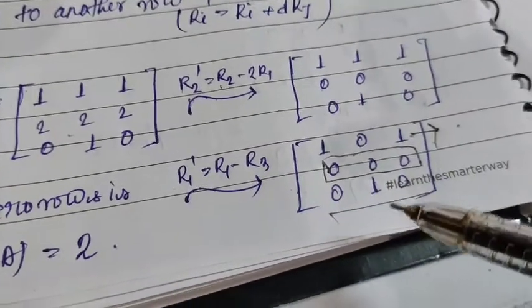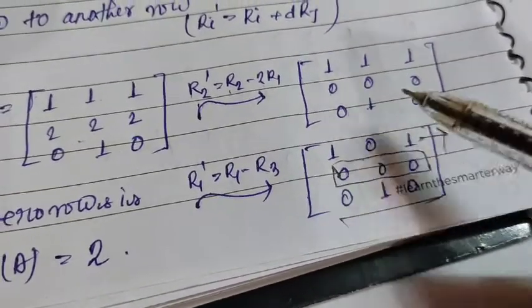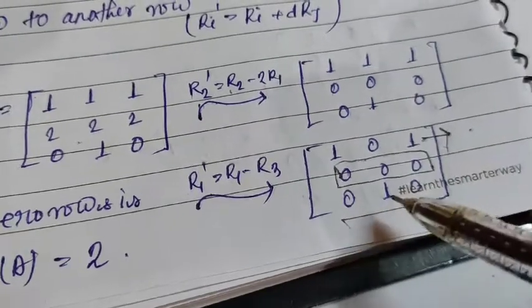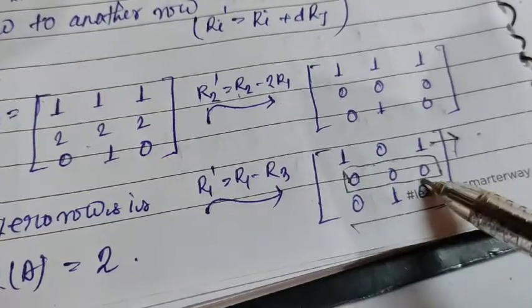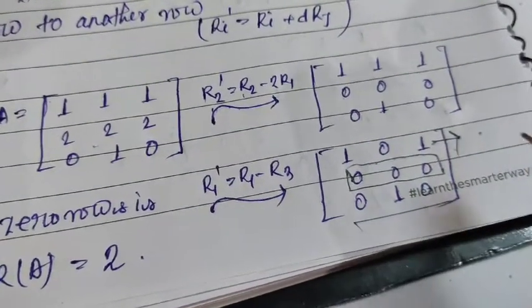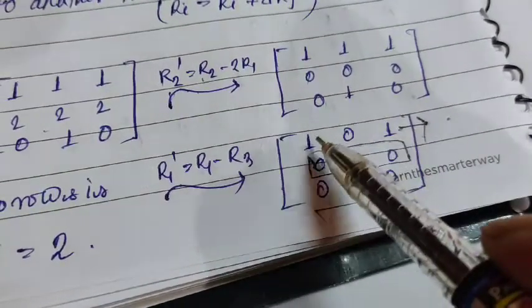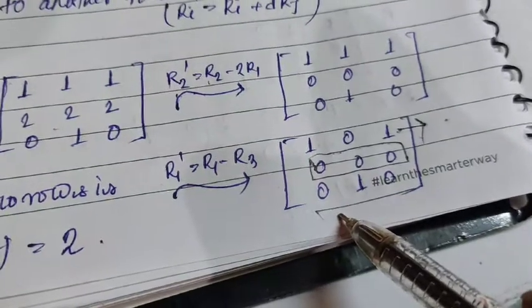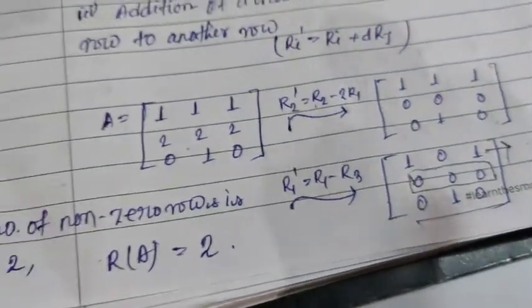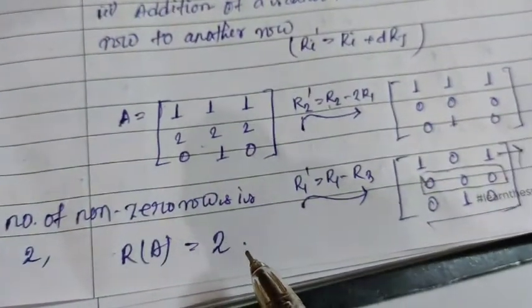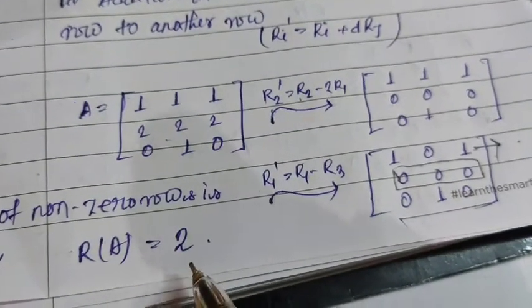Now if we go further, there will be no change in this matrix. So here we stop our row operations. See here the second row is 0, and the first row and third row are non-zero. So the number of non-zero rows is 2. So now we can say that the rank of the matrix A is 2.